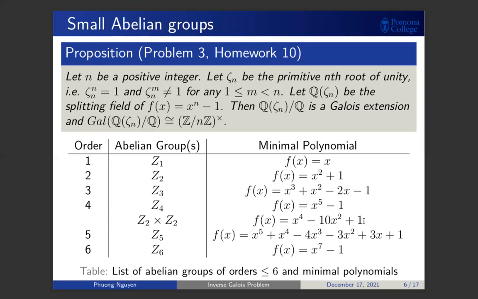And then we've shown in class that the Galois group of the splitting field of the polynomial f(x) equals x^4 minus 10x^2 plus 1 is isomorphic to the group Z2 cross Z2. So we have realized some abelian groups of order 1 to 6, so actually all of them in this slide. So the motivating question is: how can we generalize this? How can we do that for other groups of bigger orders?